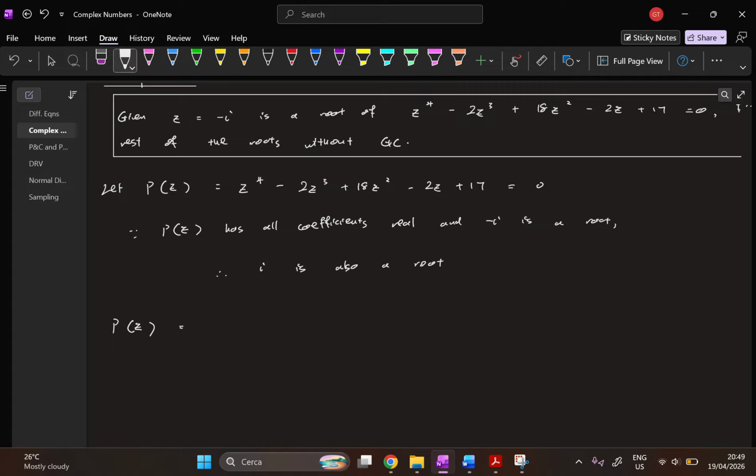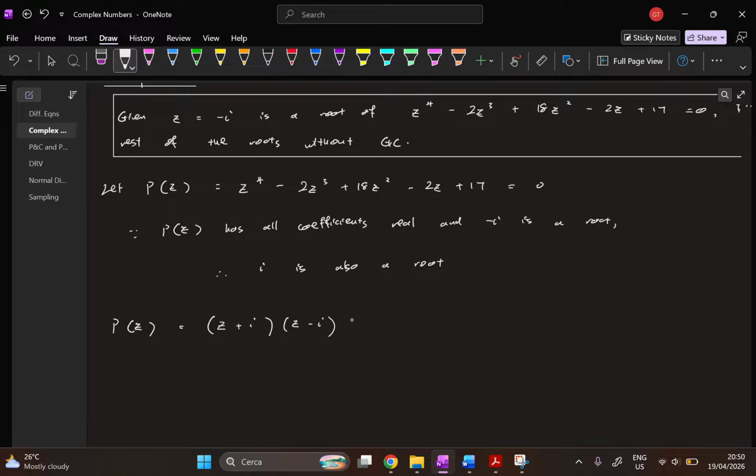Anyway, so because z equals minus i is a root, what's one linear factor? z plus i. And z equals i is also a root, so what's another linear factor? z minus i. Factor theorem. Ta-da!